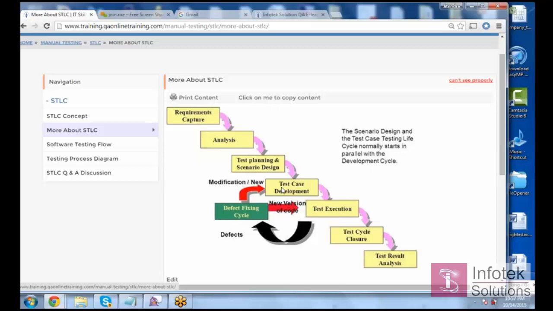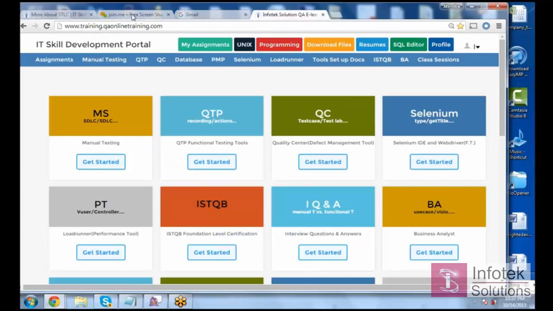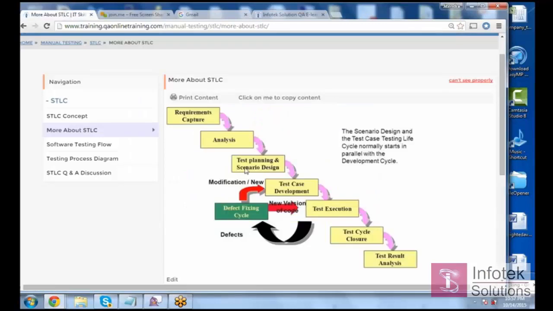Test cases means figuring out what to test, and then developing a document like the one I was showing you. Where is that? I think I have closed it. Okay, the one I just showed you. So writing the test cases, then executing the test cases when the solution is ready. When you execute, either it will work or it will fail. Once it fails, you open the defect and generate the report.